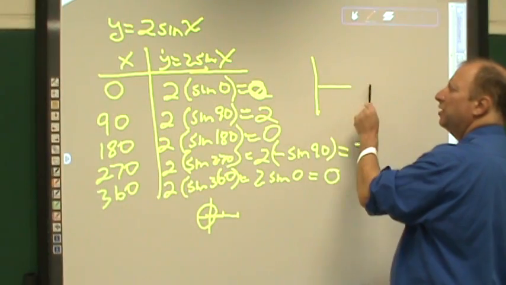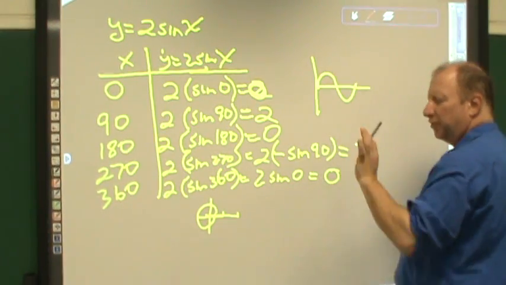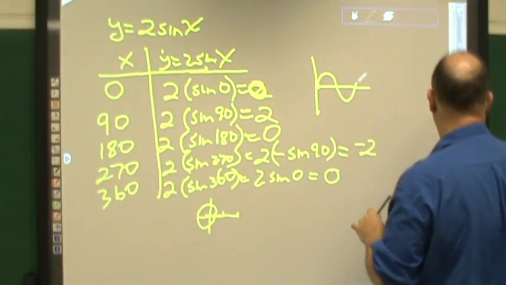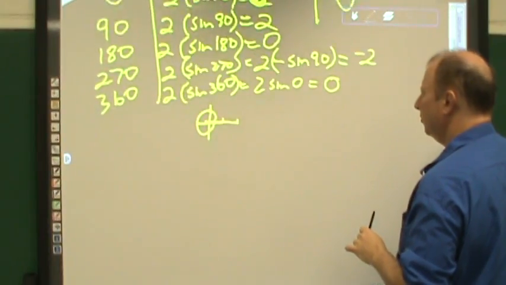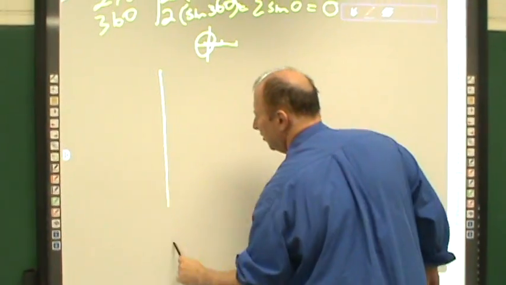And don't forget what we had in the other graph, that's the sine curve. So if that's the case, let's look at what we have.